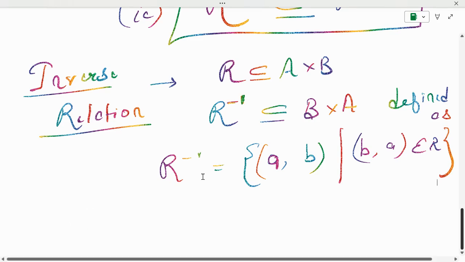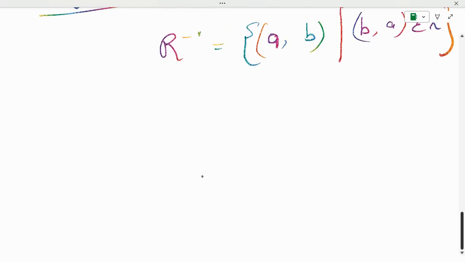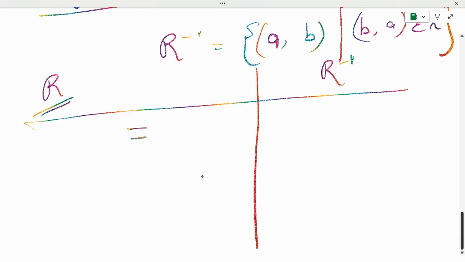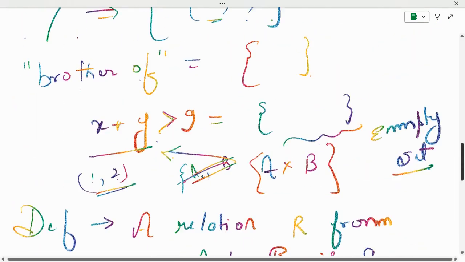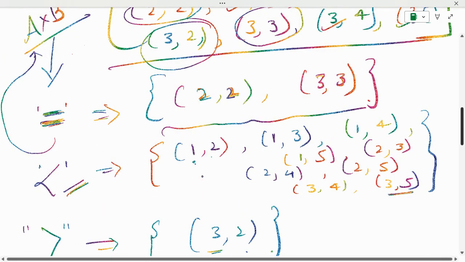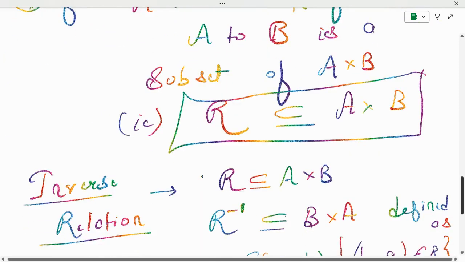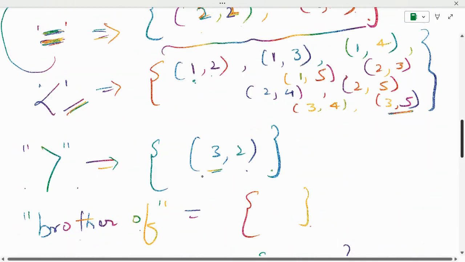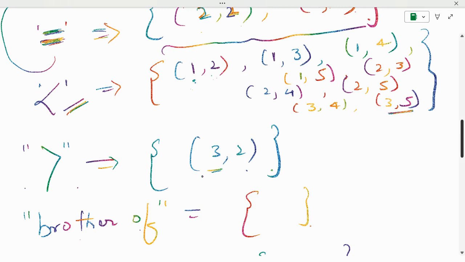Okay. So if we see that in relation R, and if we compare R inverse, so if we define equal to as an operation on A cross B, in R inverse, if we reverse this order, it is also going to remain the same, right? So equal to is the same for R as well as R inverse. But if we define greater than, so if we define that the second element has to be greater than this, and we reverse this order, what happens? 2 1, 3 1, 4 1, 5 1, like this it appears, right?